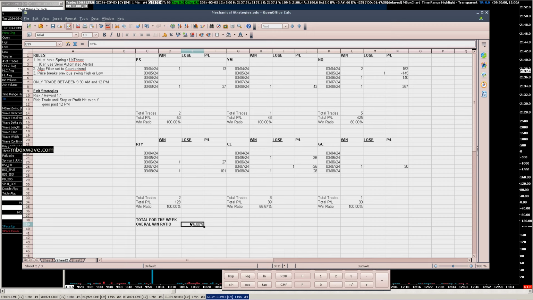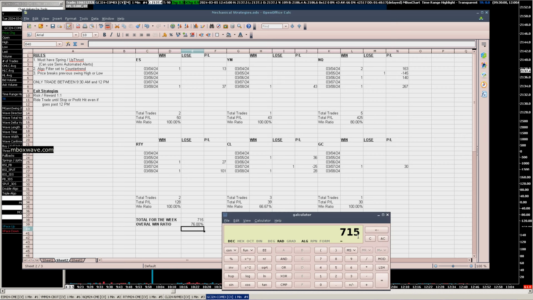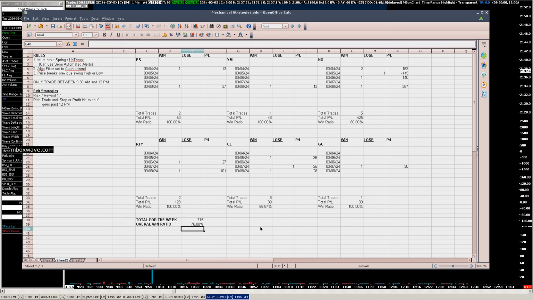So we got 715. We can convert that into a monetary amount, but you'll need to compute the value per tick. That's pretty good. So basically we made 715 ticks with a 76% win ratio, trading this mechanical spring upthrust strategy.